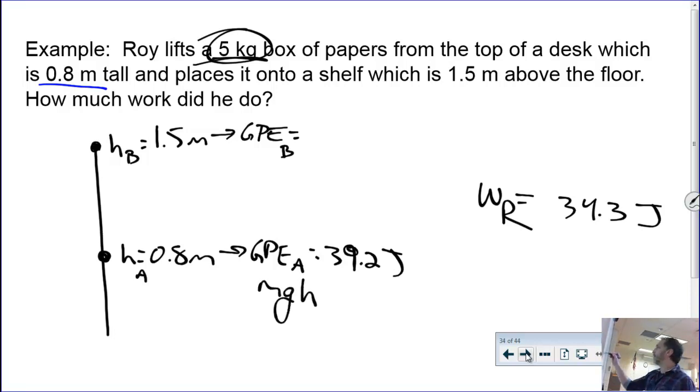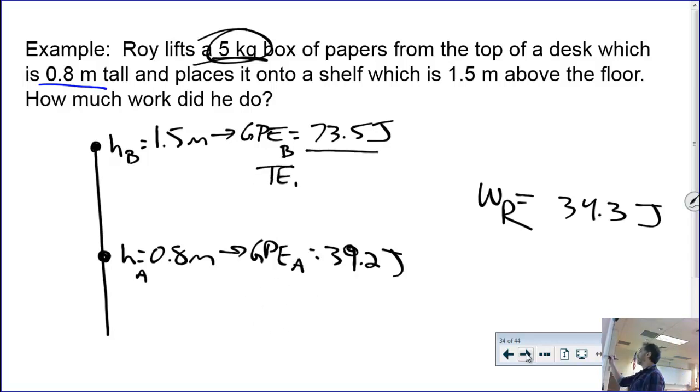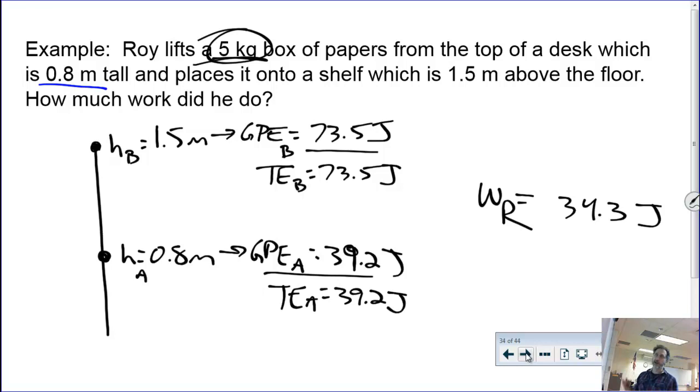Similarly, I can do the same thing up here at point B, and we're going to get 73.5 joules. All right? So that means that because there's no kinetic energy, my total energy at point B is 73.5 joules. My total energy at point A is 39.2 joules, right?